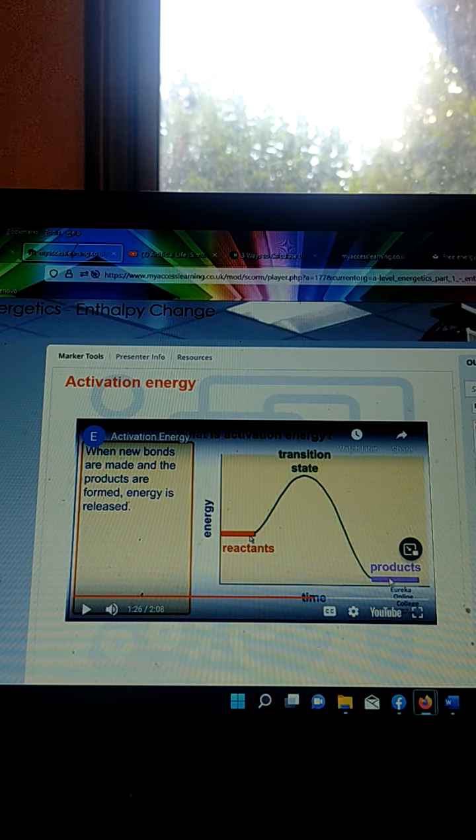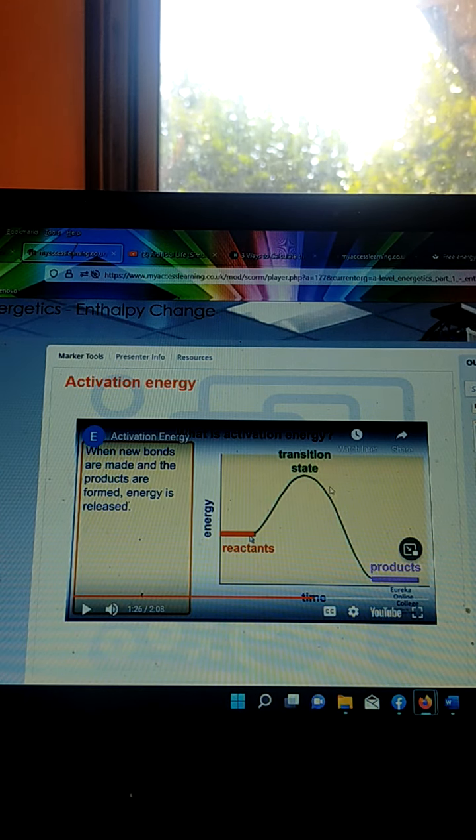You're not describing the ultimate level at which the products end up. So this ascent is bond breaking, and this descent, whether it descends to this point or this point lower, that is when the bonds are forming.